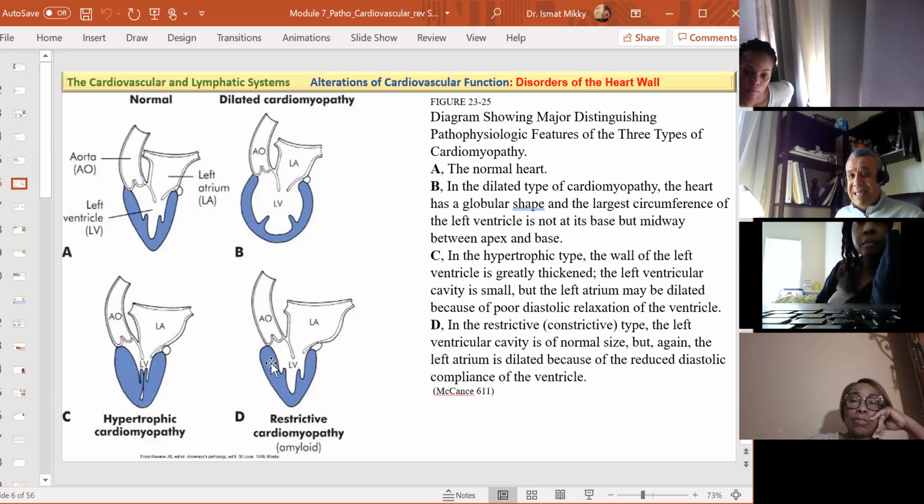The ventricle is stiff, is restricted, and cannot contract well enough. So that will result again in a dilatation of the atria as well. So we have dilated cardiomyopathy, hypertrophic, and then the restrictive type, or you can call it restrictive or constrictive type.